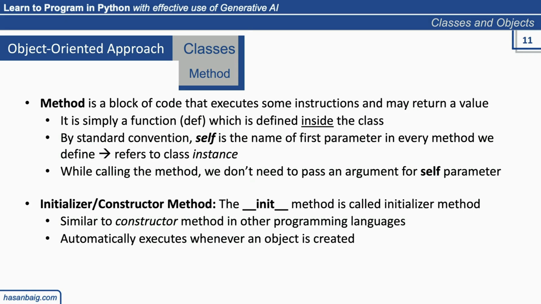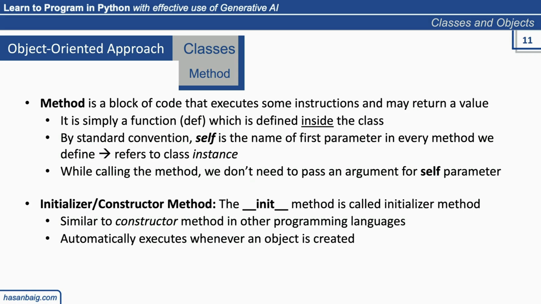So the initializer method is something which automatically executes. When I define this function, how can I execute this piece of logic? Suppose I'm writing code and I define this function func with some list of parameters a, b. How can I execute this logic? By calling the function, so I need to call it and pass the values.